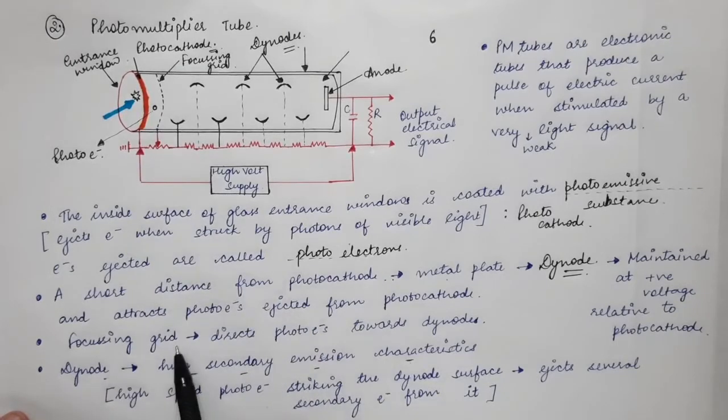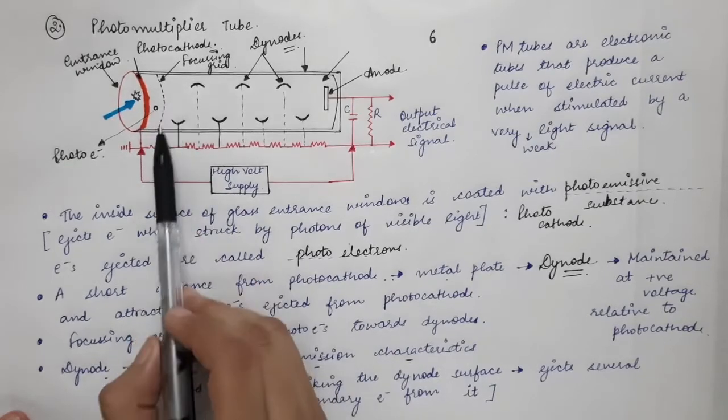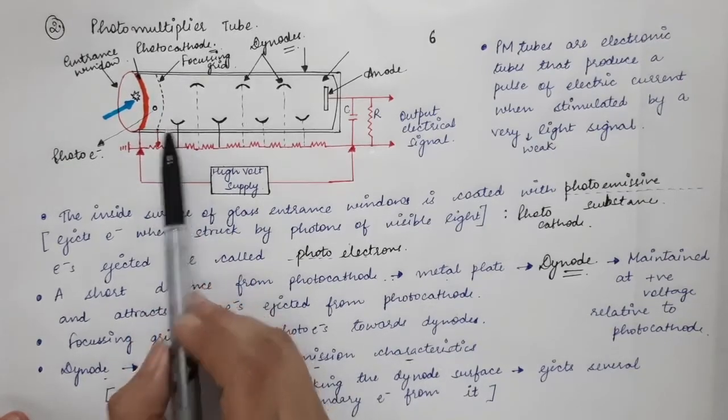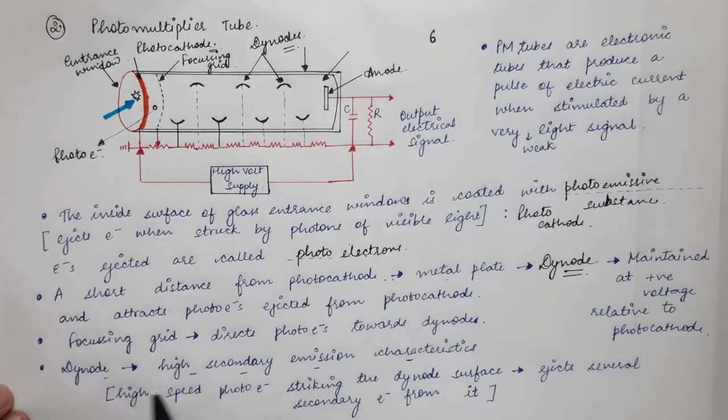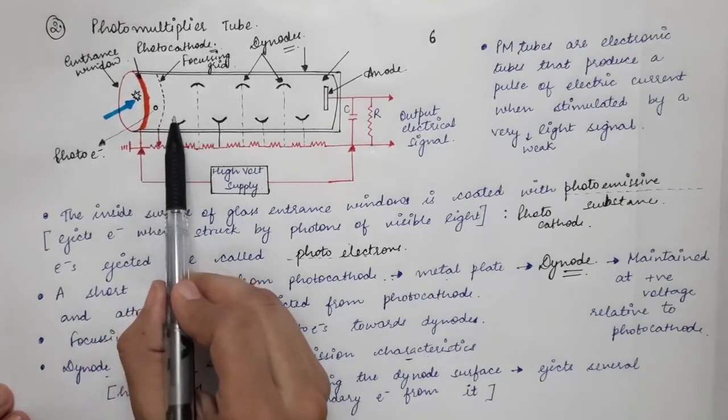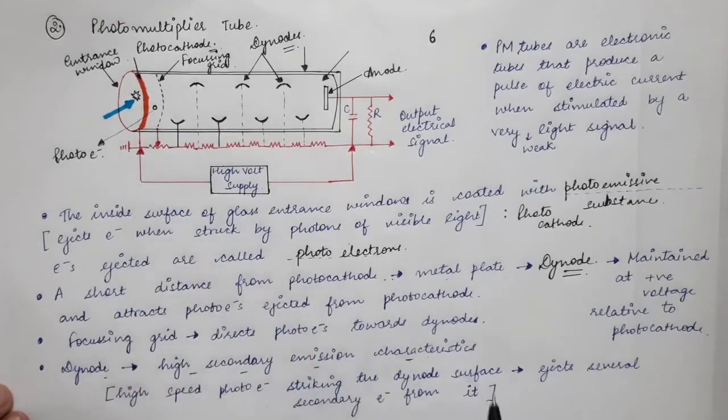Now this focusing grid directs the photoelectrons towards the dynode. This dynode is coated with a material with high secondary emission characteristics that we have already seen. The high-speed photoelectrons striking the dynode surface eject several secondary electrons from it.